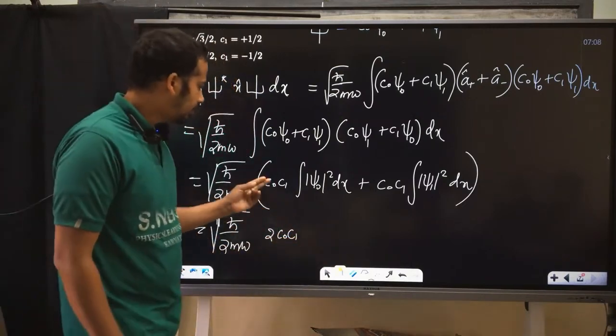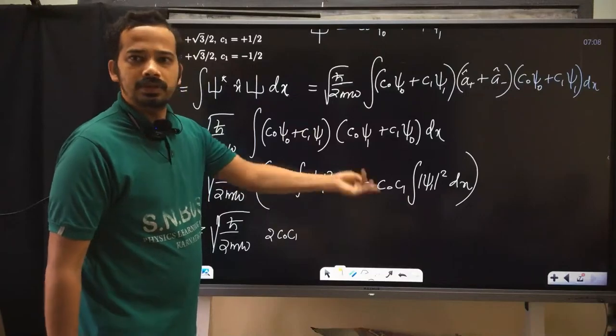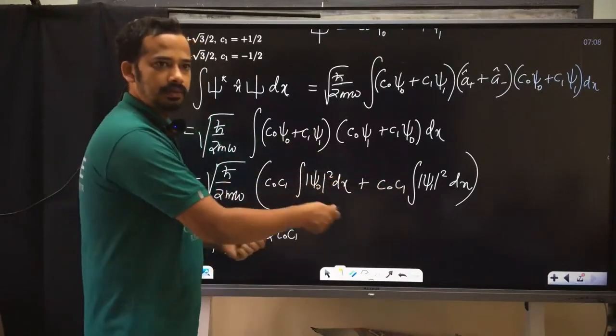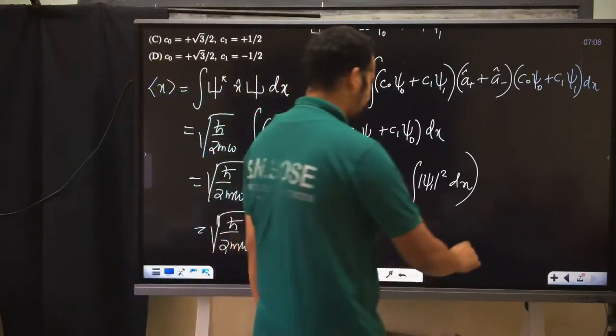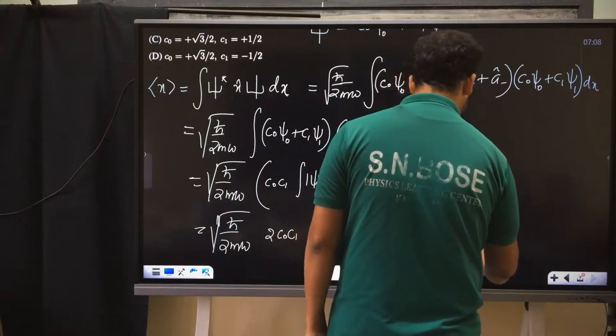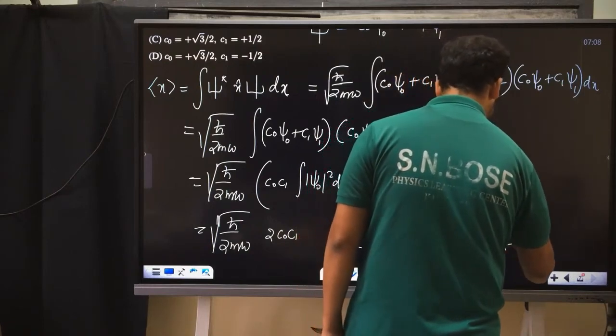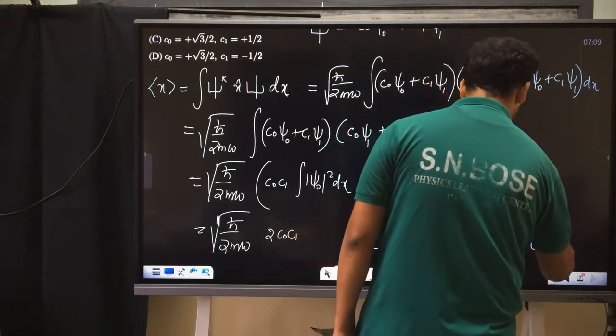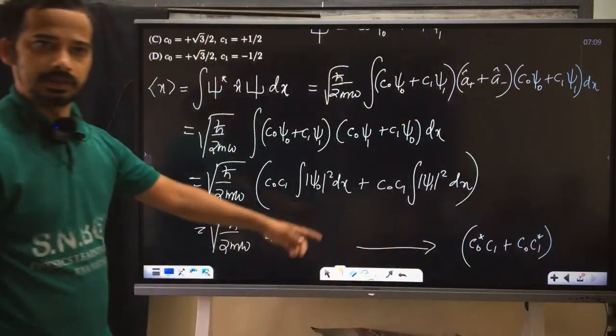Otherwise, that term will be C naught star C1 plus C naught C1 star, if they are complex.